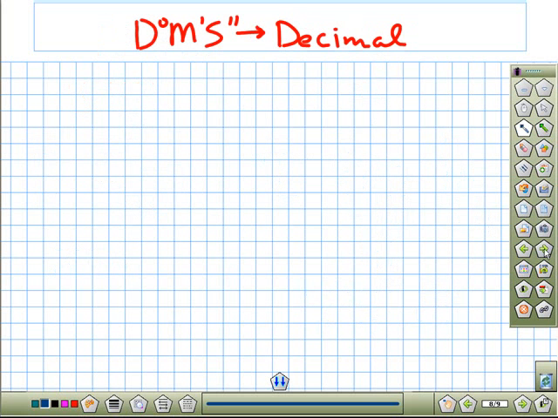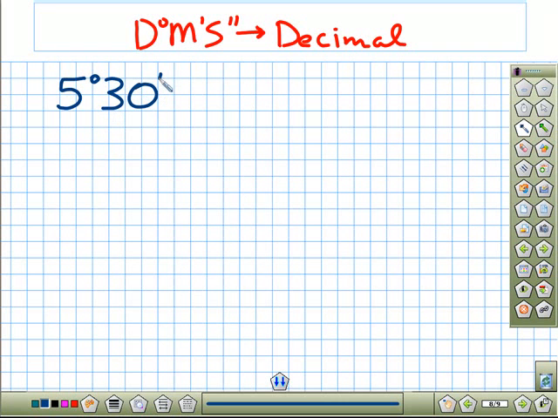Okay. Now, let's suppose we have degrees, minutes, and seconds. We'll start off with a simple one. Let's suppose we have 5 degrees and 30 minutes. Just that. In decimal form, what would that be? That's right, 5.5.